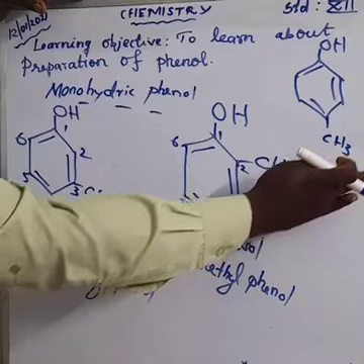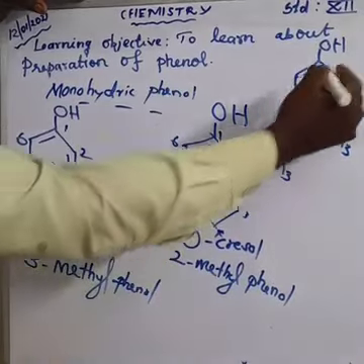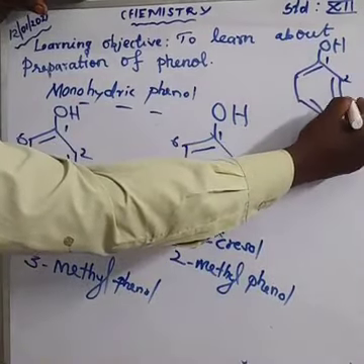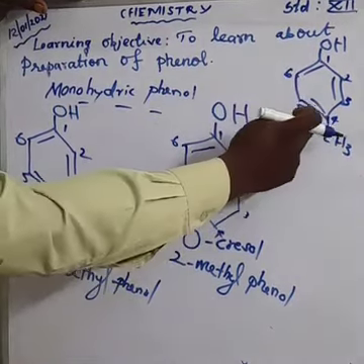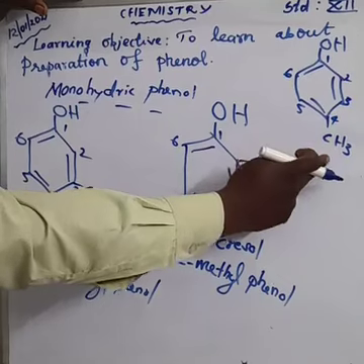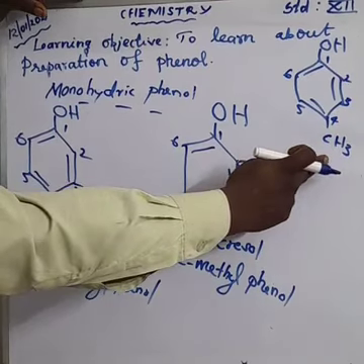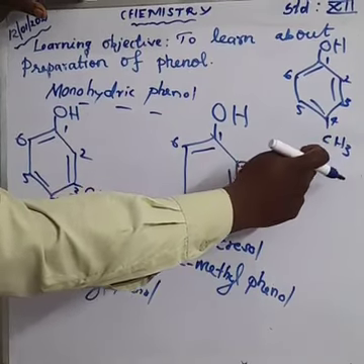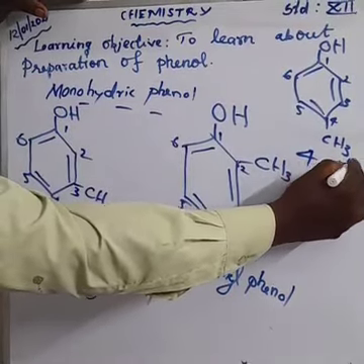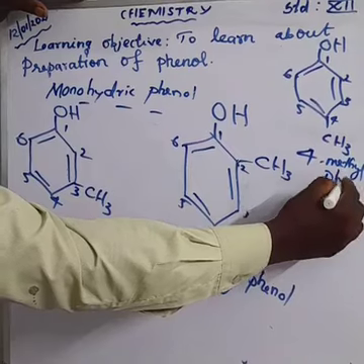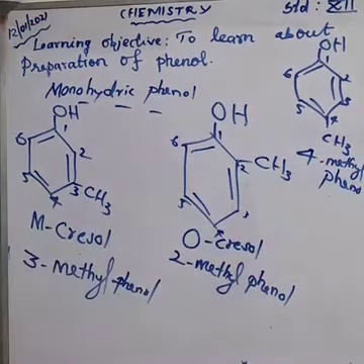So we give the number, starting with the functional group, 1, 2, 3, 4, 5, 6. So the fourth carbon having a methyl group. Can you say what's the name of the compound? 4-methyl phenol. What's the common name? Paracresol. Clear?